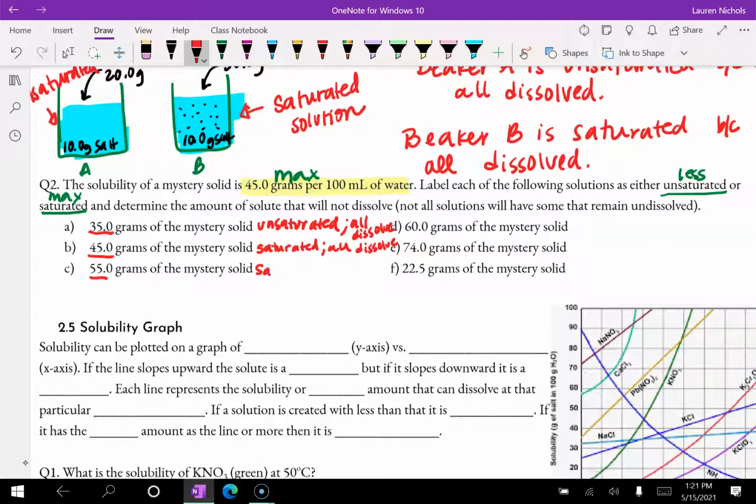And so that is still saturated because the 45 grams will dissolve, but it means that there will be 10 grams that's not dissolved, okay, because 55 minus the 45 grams, which is the maximum, means that you're going to have 10 grams left over that just kind of sits at the bottom. And I'm going to let you go ahead and do D, E, and F on your own. If you want me to check your work, you can leave a comment under the video, or you can ask me in class.